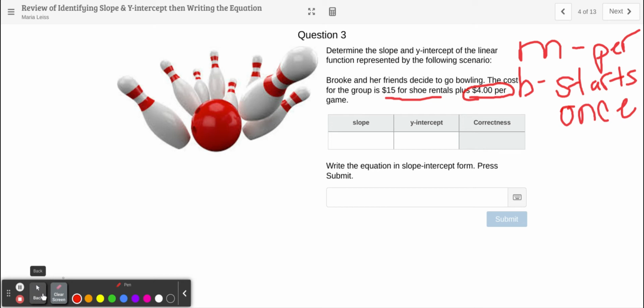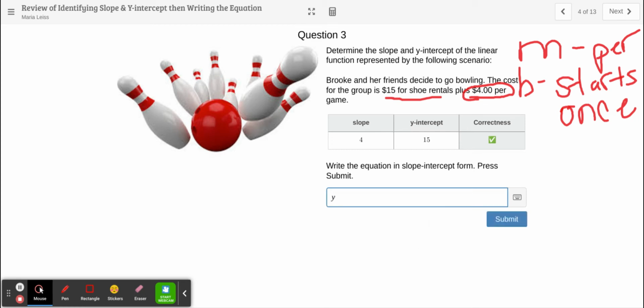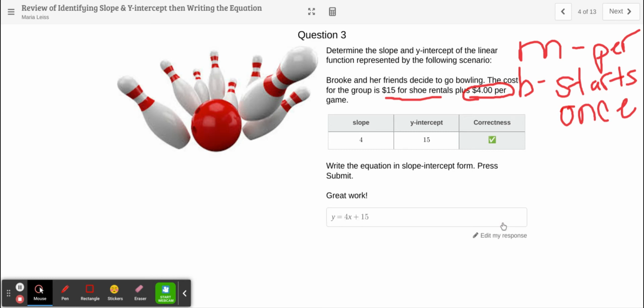That means that my $4 is going to be my slope. My 15 goes for my y-intercept because you only rent shoes one time when you go bowling. And now I just have to write the equation. So I'm going to do y equals 4x plus 15. I just plug it into that equation of y equals mx plus b. Very good.